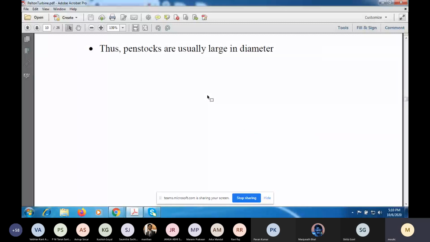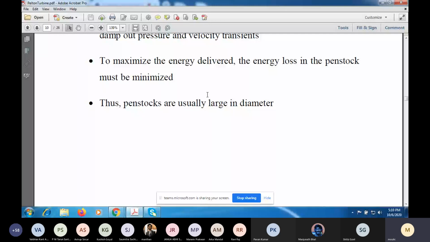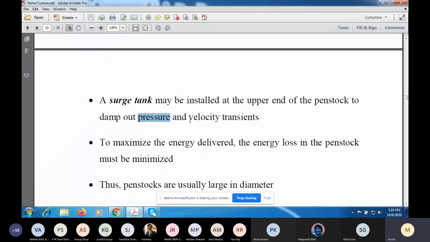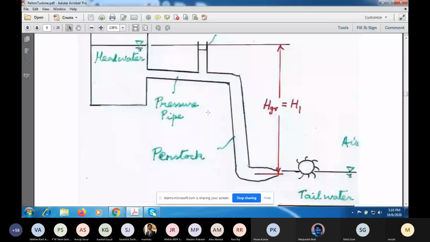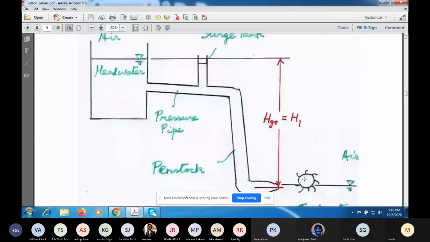The surge tank will damp out pressure transients and velocity transients. Okay. So when you start it from rest or there are fluctuations in the power load that is required by the turbine, there may be oscillations in the flow rate. Okay. And that may lead to what is called water hammer. So large pressure pulses may develop.